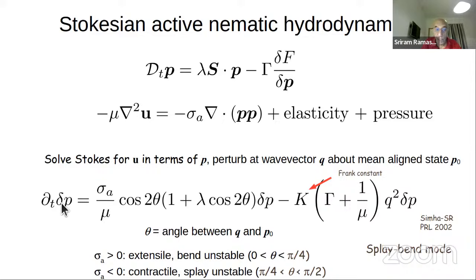You find two pieces in the relaxation of P, one of which is independent of the wave number and depends only on the angle between the wave vector and the ordering direction, and one of which has to do with the relaxation of P to try to produce a locally uniform state. Okay. So this is the effective dynamics. And this sigma A term is the thing that is new. This is the thing that comes from the active processes. I've just renamed this complicated coefficient here. I've renamed it sigma A, sigma active.